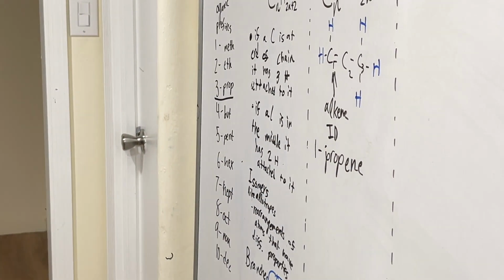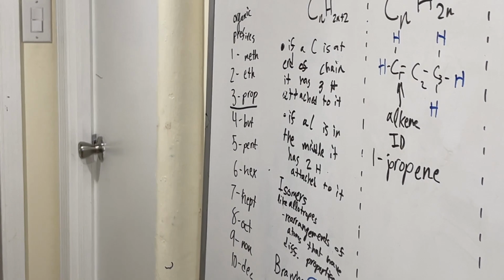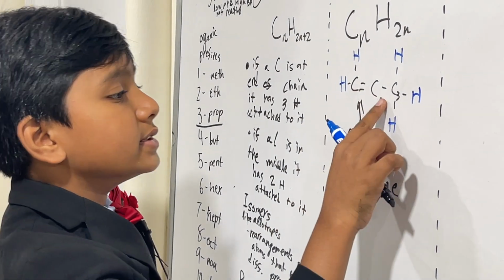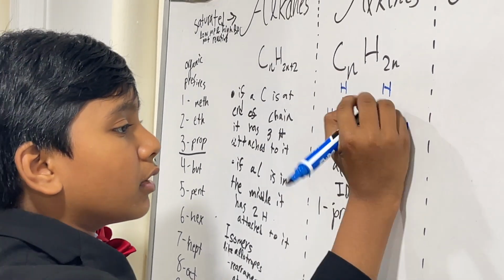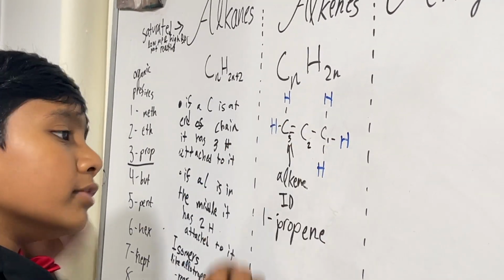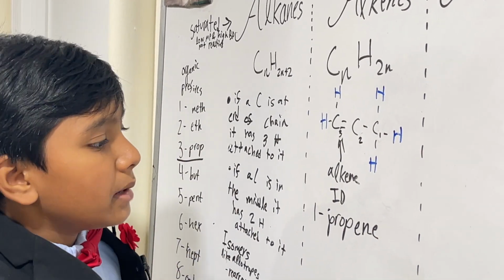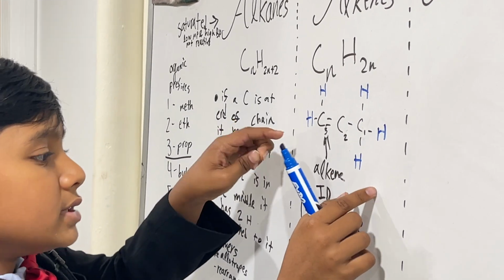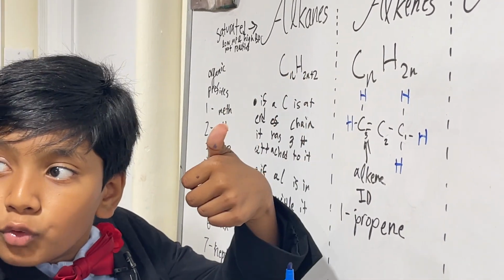Now, you might be asking, so Barney, what if I count this way instead? 1, 2, 3. Well, we use the smallest number because 3-propene would just be the same as 1-propene but rotated.